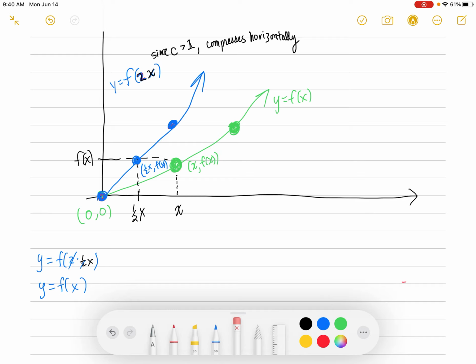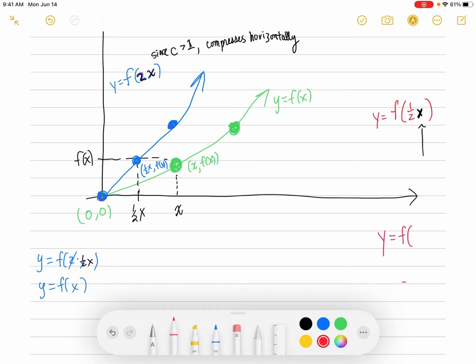Now let's say we take another function. Let's say we take this function f, y equals f of 1/2 times x. So I'm going to think about, okay, what could I plug in for x here?